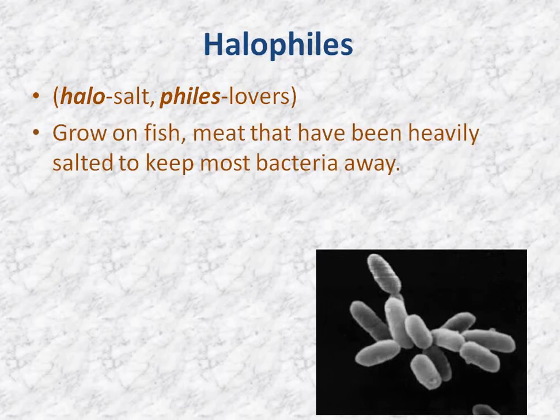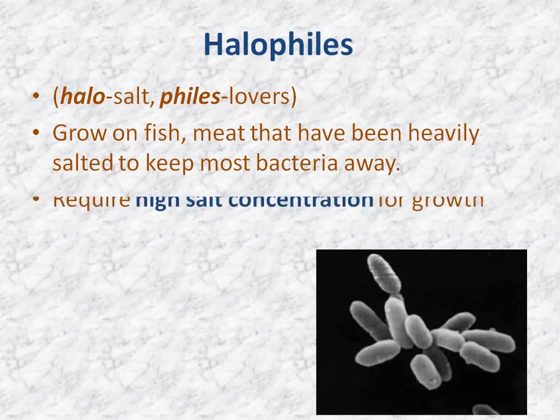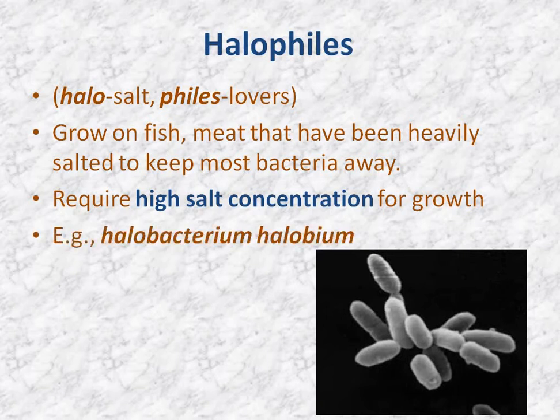Salt is applied to fish and meat, and foods like pickles and jams, to keep most bacteria away, but halophiles can grow even in that environment. So they require a high salt concentration for their growth. For example, Halobacterium halobium.